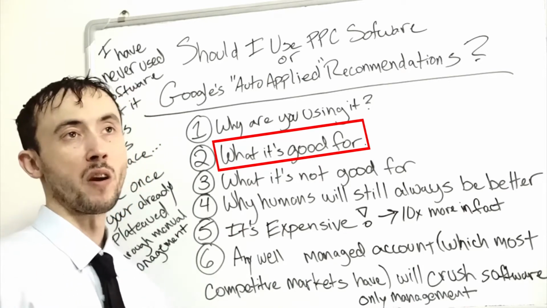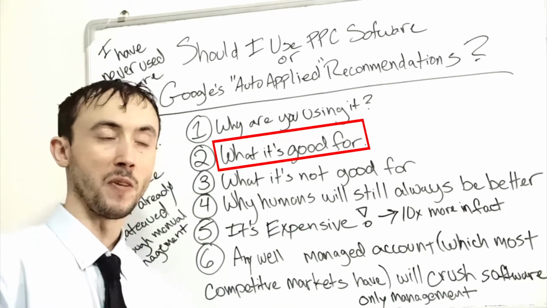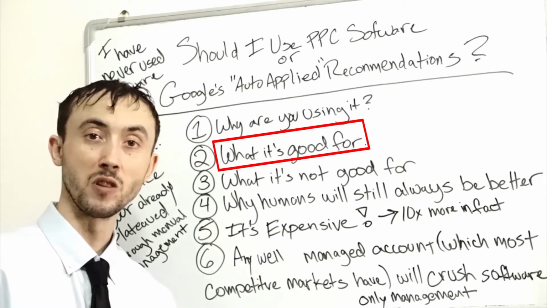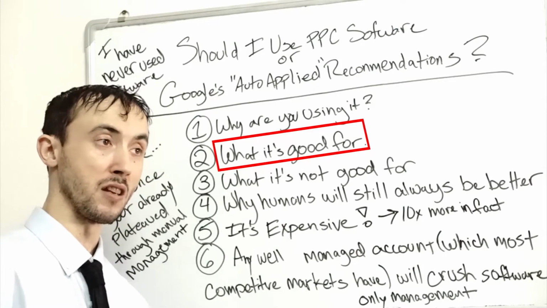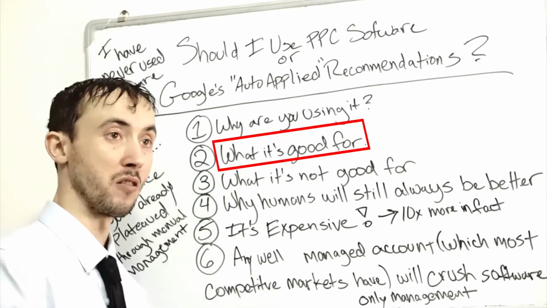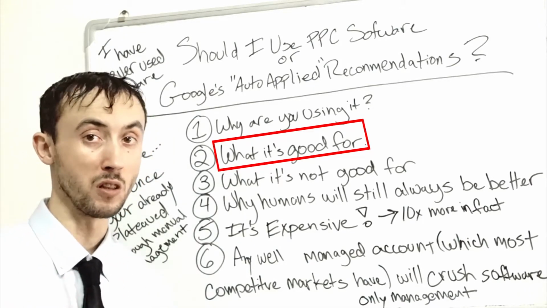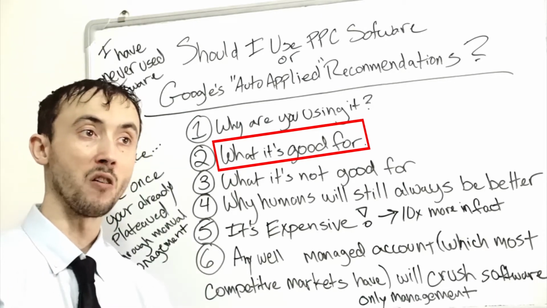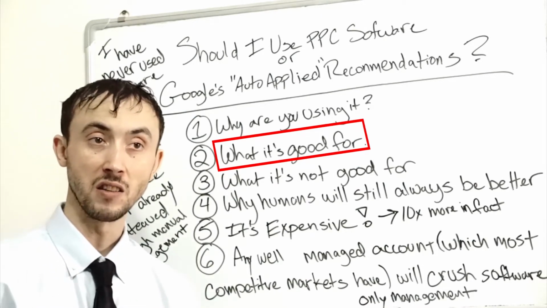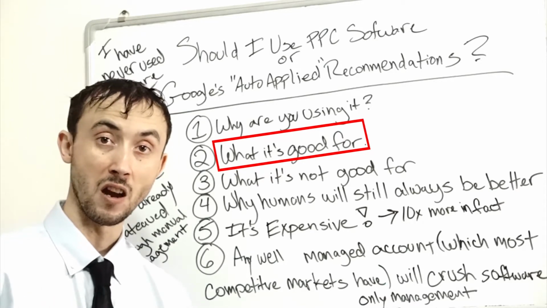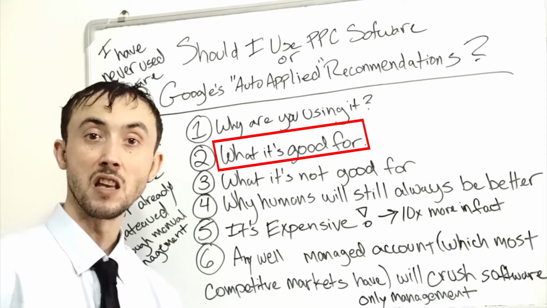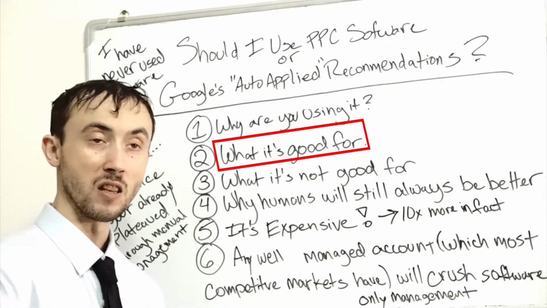The other scenario where running software is going to work out to your advantage is if you do no management at all, and that really isn't a good excuse to use it either, because you're going to get mediocre results when you could get really good results if you just did proper manual management of the account, or hired somebody that knows what they are doing and cares about it, and get all you can out of that account instead of just good enough.